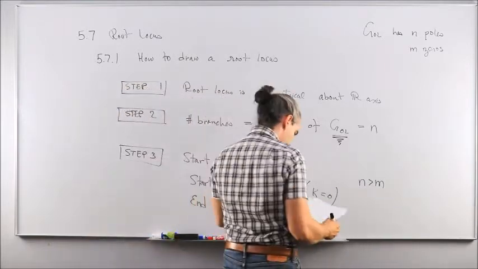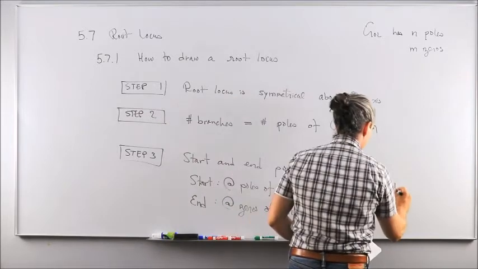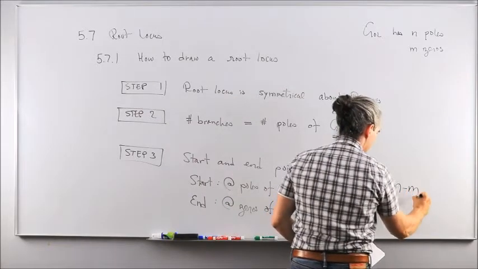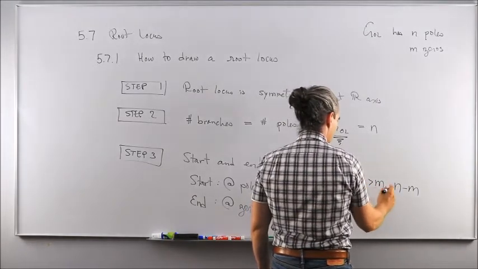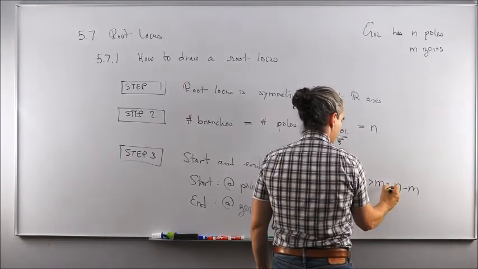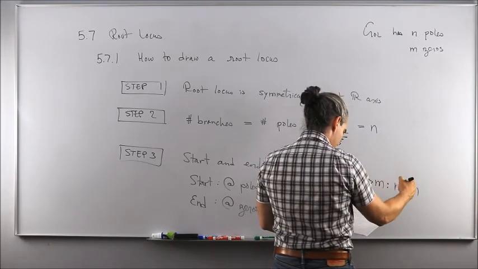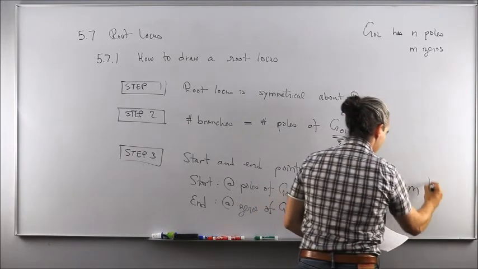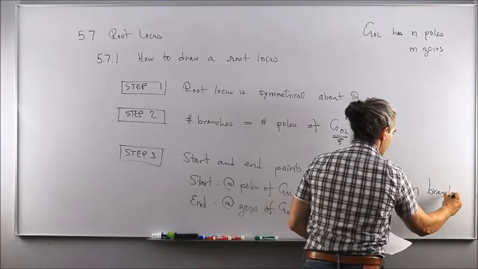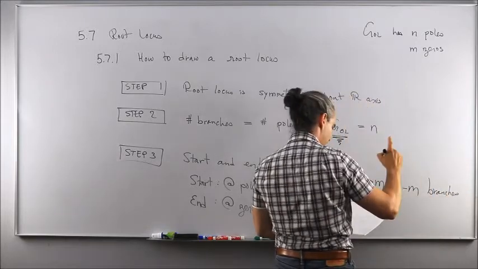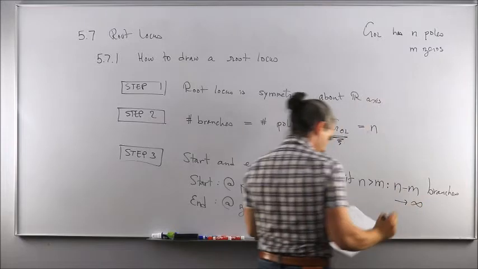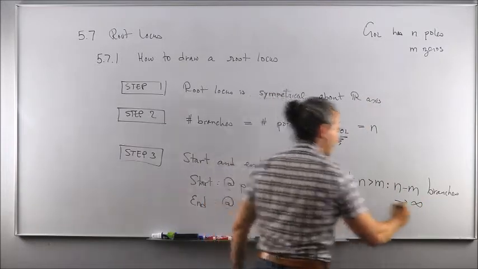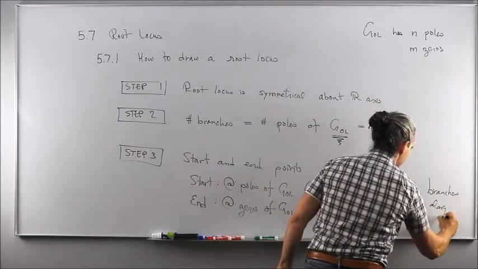So in that case, the poles that you have in excess of the zeros, quantified by n minus m, give you n minus m branches or paths in the complex plane that will go to infinity along what's known as asymptotes.